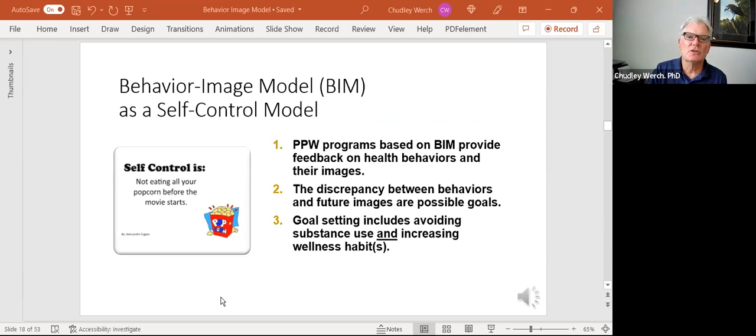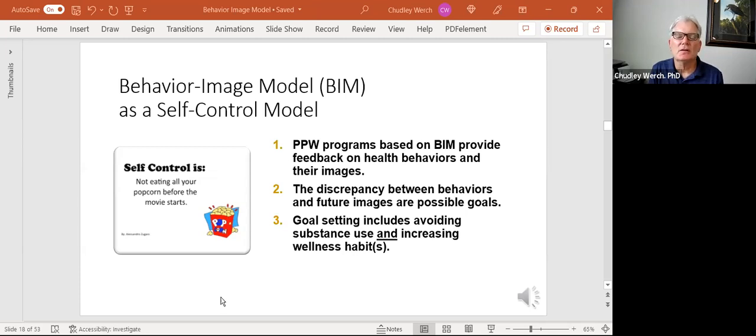A little bit more about self-control. Behavior image model is also a self-control model. PPW programs based on behavior image model provide feedback on health behaviors and their images. And then youth participating, you can see this discrepancy. Well, I see that I'm not getting a lot of physical activity, and yet physical activity is associated with these desirable future images.